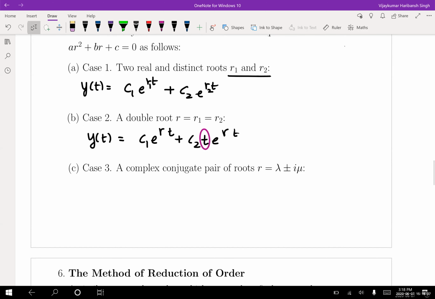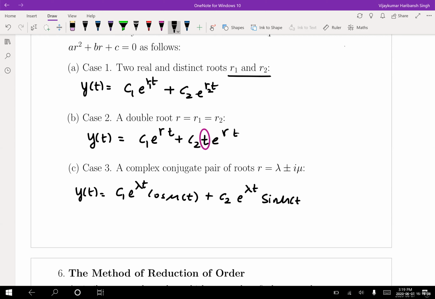Now in case of complex conjugate roots, we have the same approach, but we made the solutions real. So the solution is y(t) equals C1 e to the power lambda t times cos of mu t plus C2 e to the power lambda t times sine of mu t.